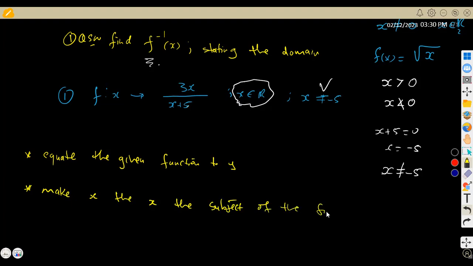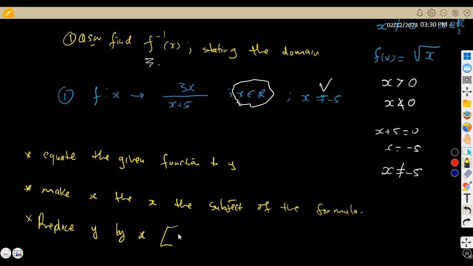So we are now back to our O-level mathematics, where we make x the subject of the formula. After making x the subject, replace y by x. The moment you replace y by x, that's your final answer.